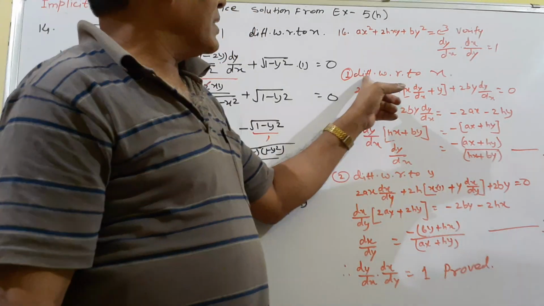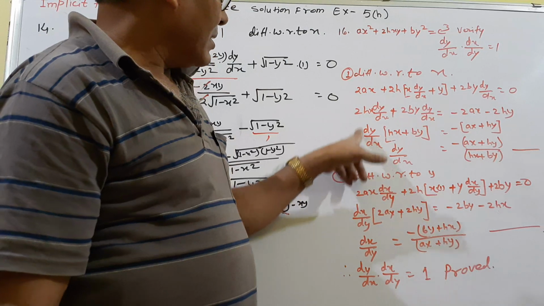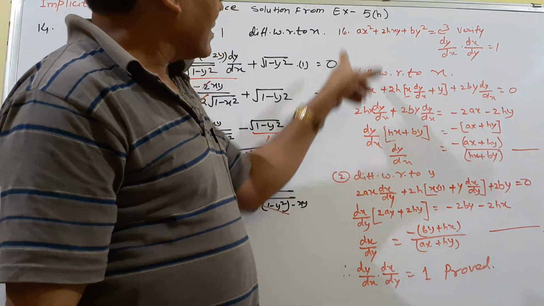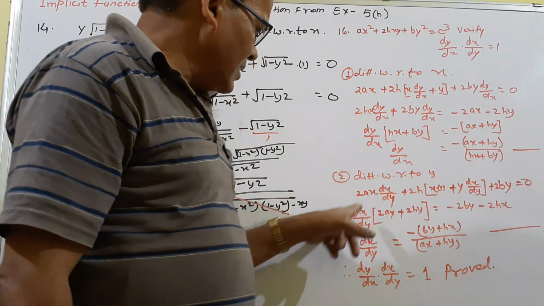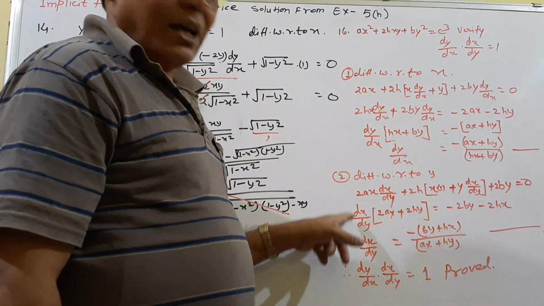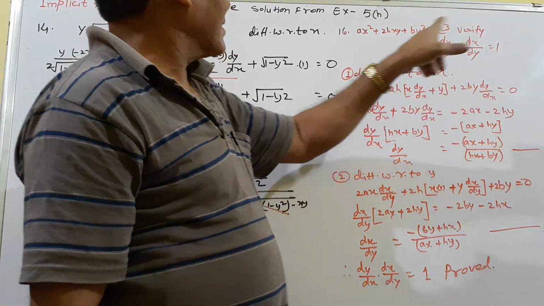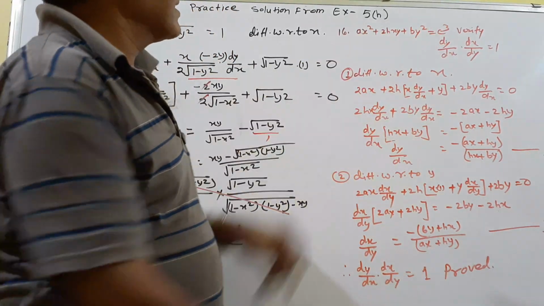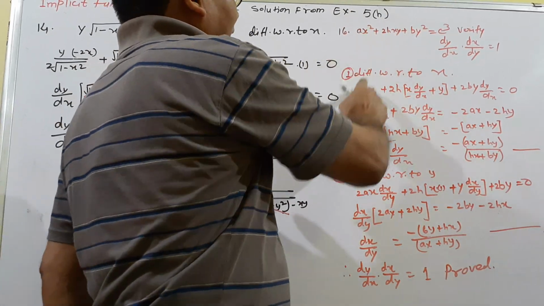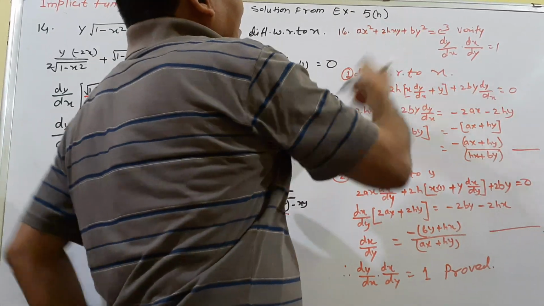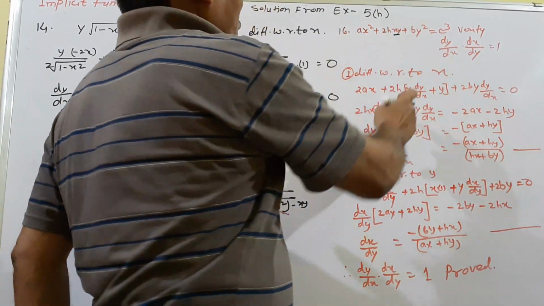So when you differentiate with respect to x, you will get dy by dx as a whole subject. When the same question we differentiate with respect to y, you will get dx by dy, and finally we will get. So here differentiate with respect to x. So twice ax, differentiate with respect to x. So twice ax plus here again you can see uv form, xy uv form.